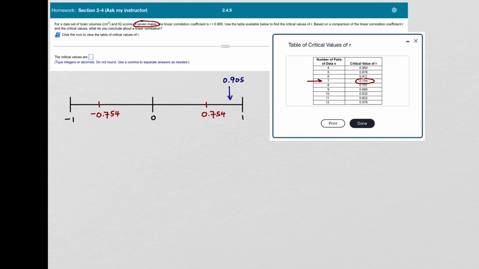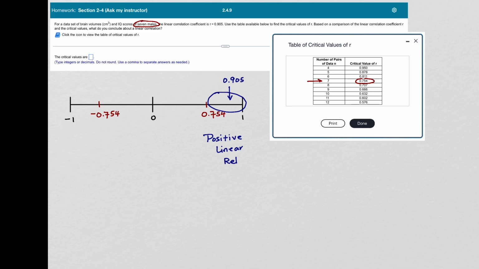And what this tells me is that because our correlation coefficient is falling into this upper region, there is a positive linear relationship between the brain volume and the IQ.